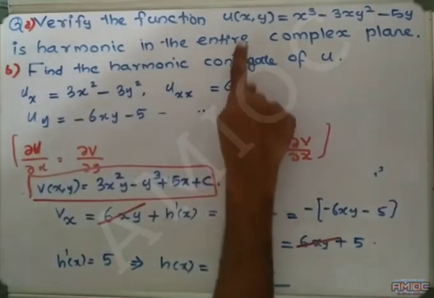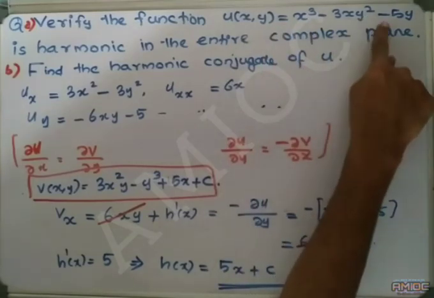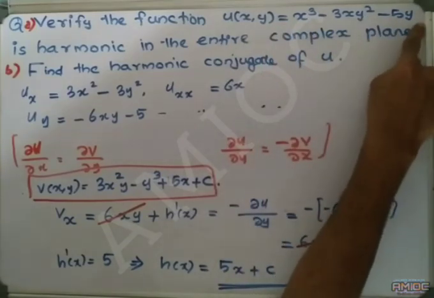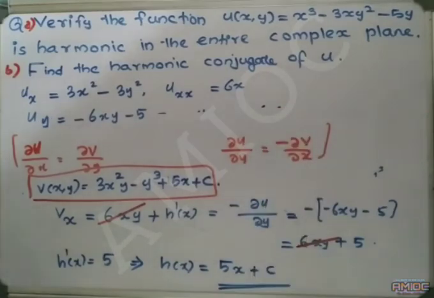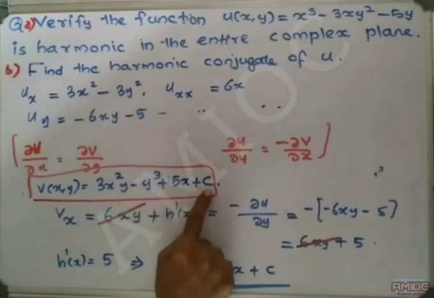We are given the function u as x³ minus 3xy² minus 5y, and we evaluated the harmonic conjugate of u. It is given by 3x²y minus y³ plus 5x plus c.